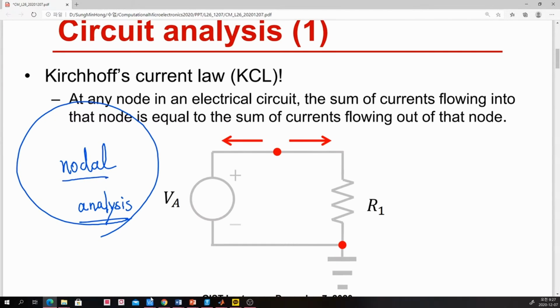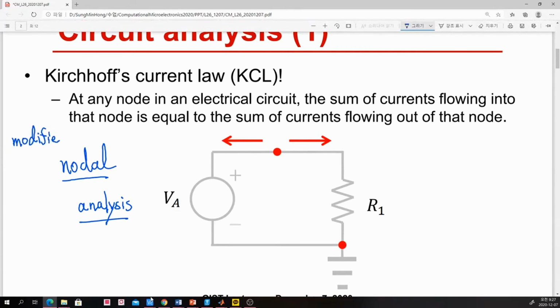That is the way of our analysis. Of course, in reality, if you are working with a realistic situation, then you have to use modified nodal analysis. That is the standard way.